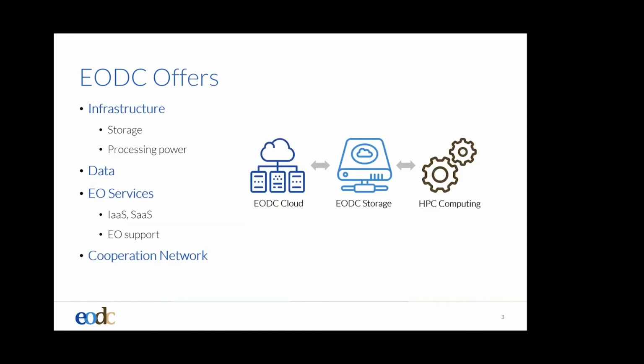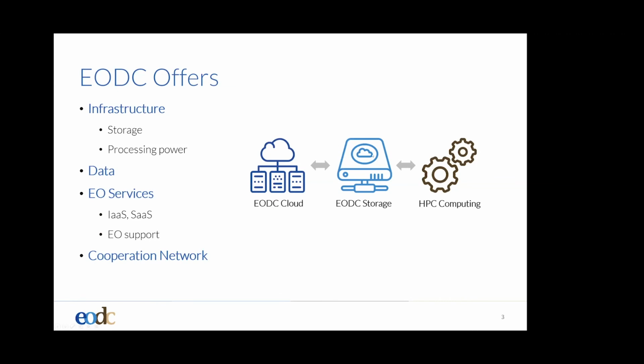What do we offer? We have, as I mentioned, a large storage system in order to provide these huge volumes of data. The storage system, this raw data is growing with more than 2 petabytes a year. So that's really quite significant.